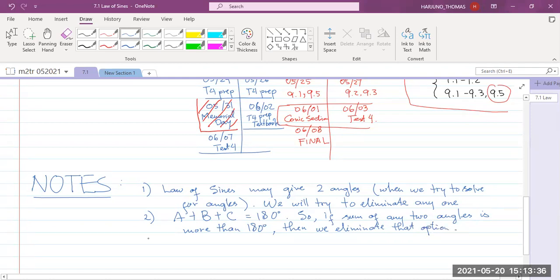This one is actually quite easy to see. Now, the third one is not really that easy to see.